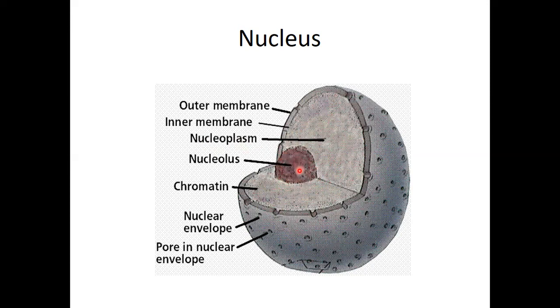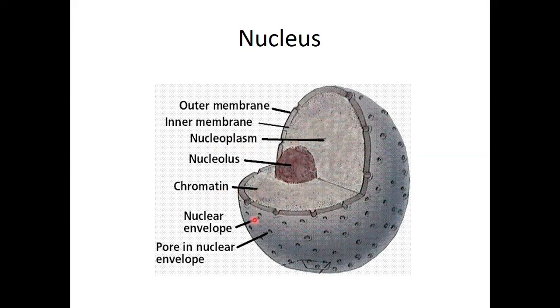So it can be considered a small organelle within a nucleus. Then the entire nucleoplasm is filled with DNA. In the nucleolus you find RNA there. The whole nucleoplasm is filled with chromatin.